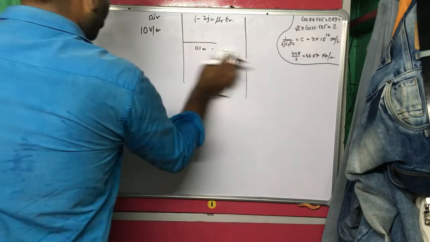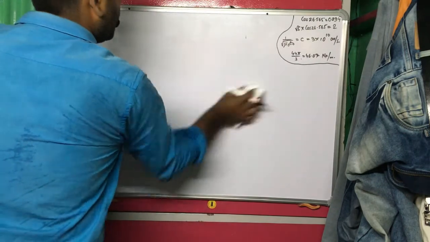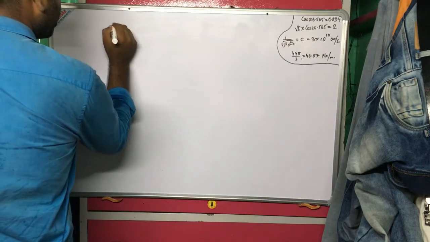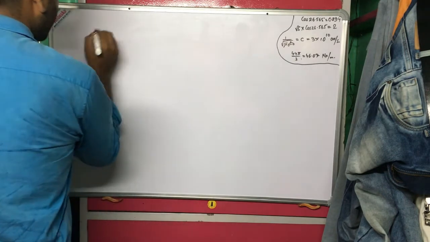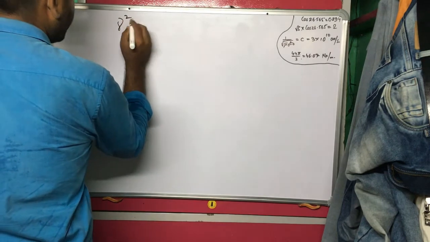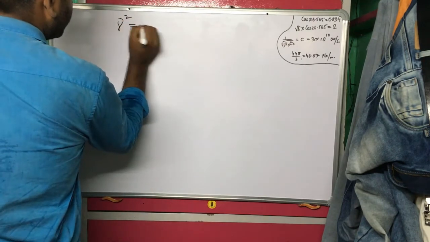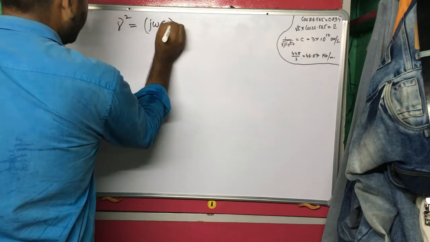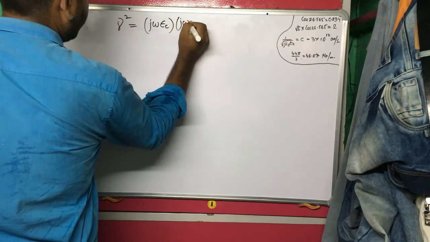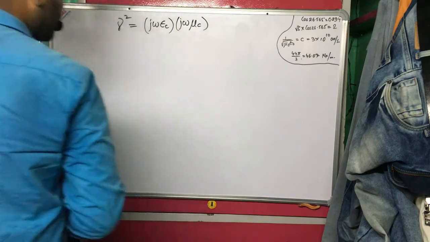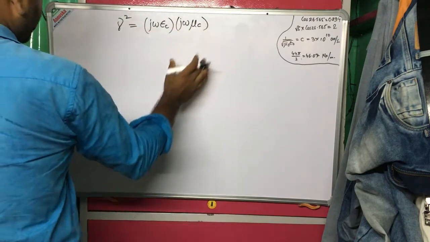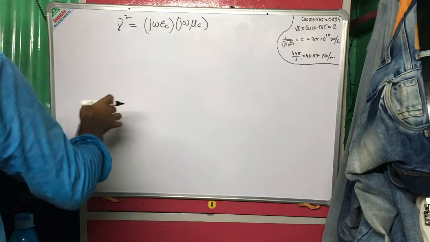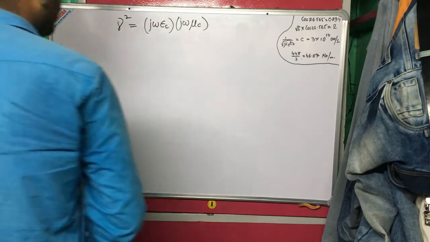We know from the previous video on complex permittivity that gamma square, where gamma is the propagation constant, is basically j omega mu c times j omega epsilon c, okay, where epsilon c and mu c are the complex permittivity and complex permeability of the medium, okay.